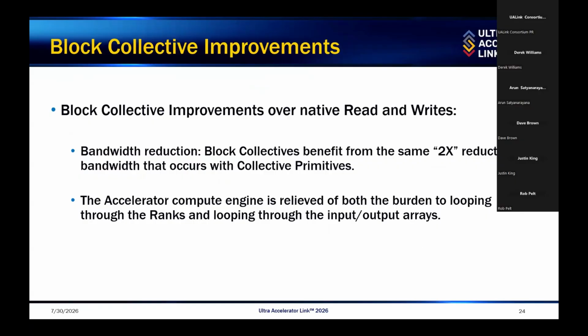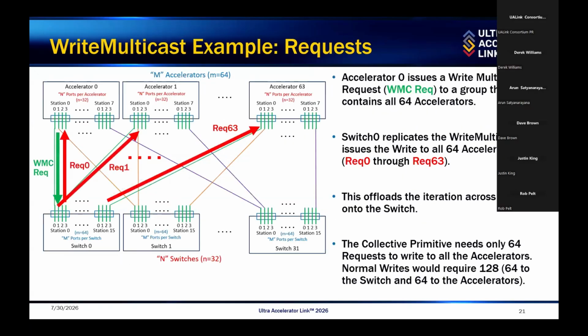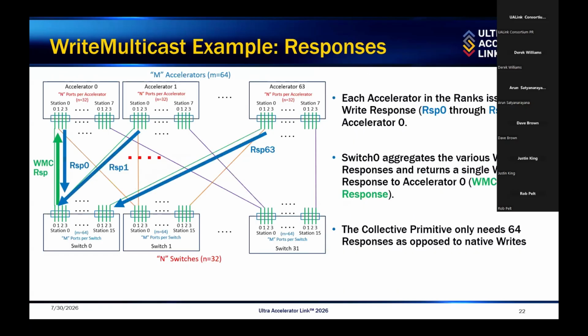Block collectives improve over normal reads and writes in the same way that collective primitives do. They get that same sort of 2x effect that a collective primitive does, like we saw here, where we just do the 64 requests and 64 responses.